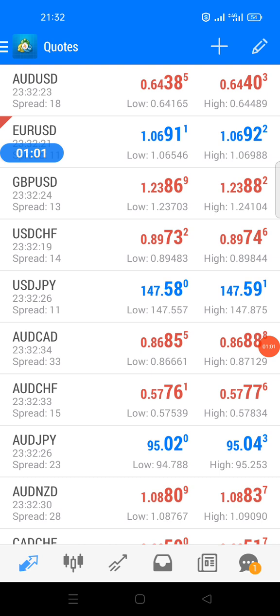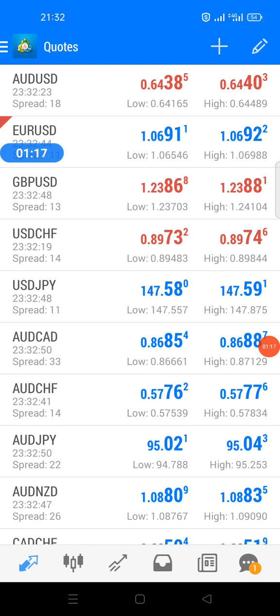Here, you have access to not just the pairs, or you can call them instruments, that you trade, and you can also do one or two things here.